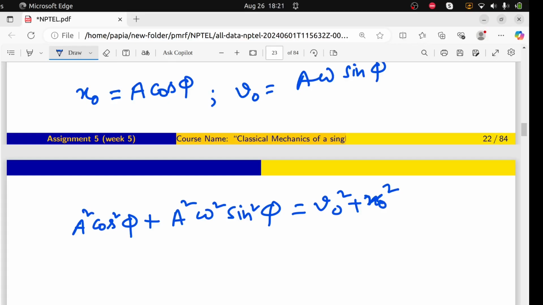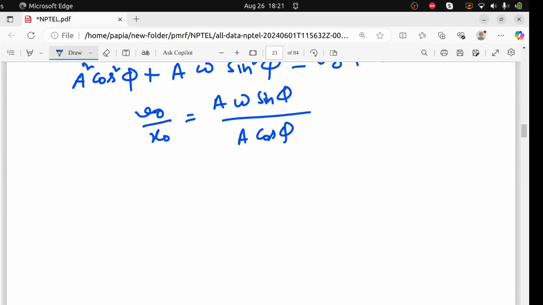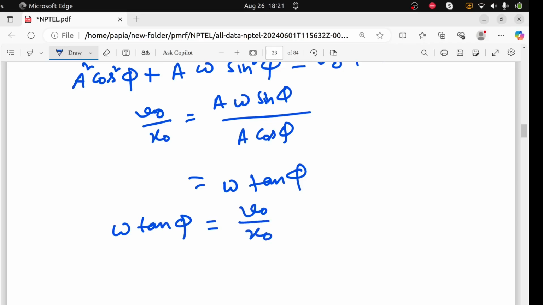And also I can do one thing: v0 by x0 is A omega sine phi divided by A cos phi. Okay. So A will cancel out, it will be simply omega tan phi. So omega tan phi equals v0 by x0.